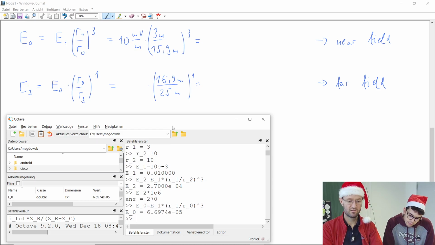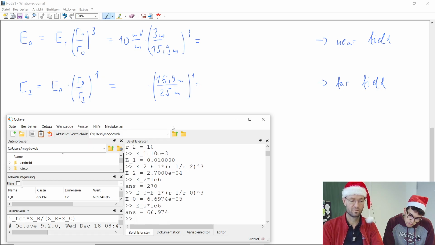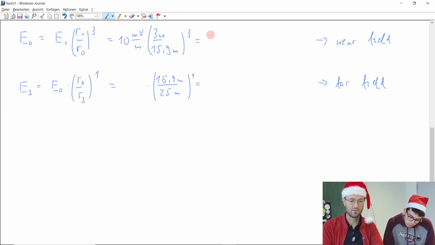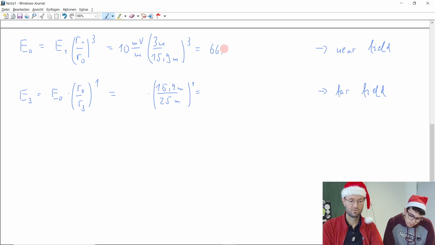And so we get something like 66.9 microvolts per meter, I think. Yeah, so 66.9 microvolts per meter. And so this is also what we will then insert here.